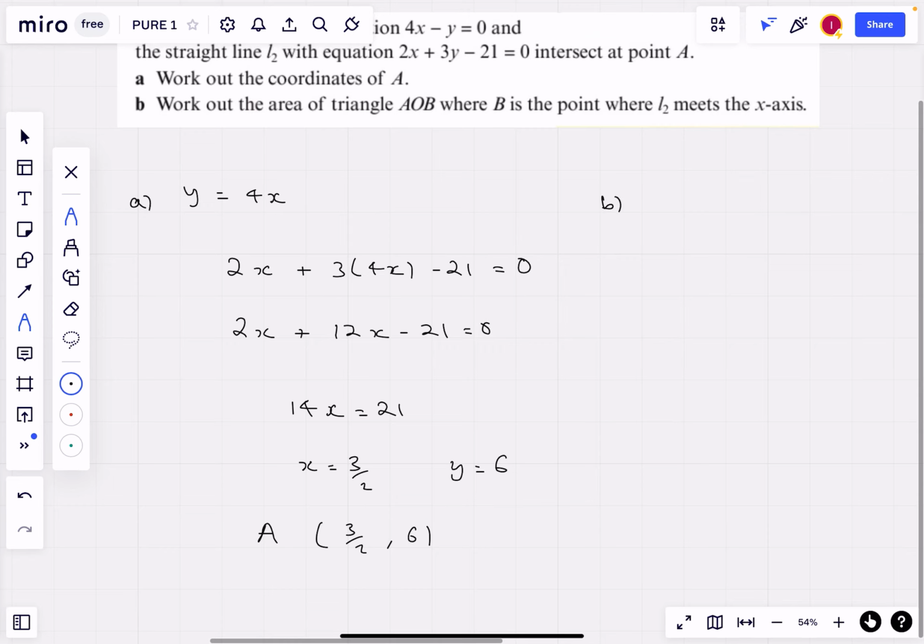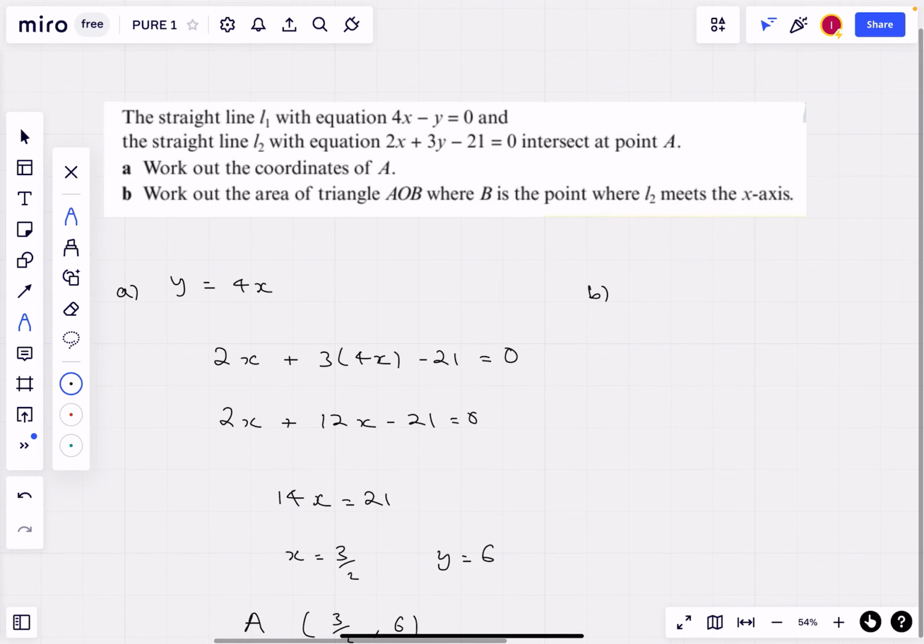Part B. Work out the area of triangle AOB, where B is the point where L2 meets the axis. O means origin, so the point 0, 0. And you're trying to find the point where B is the point where L2 meets the x-axis.